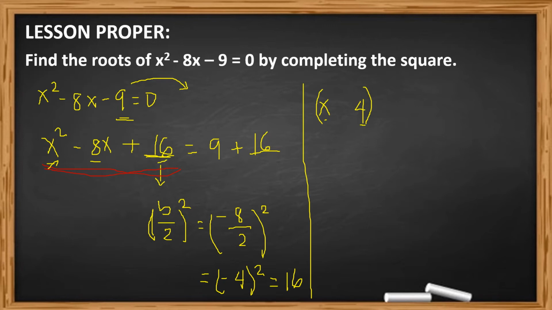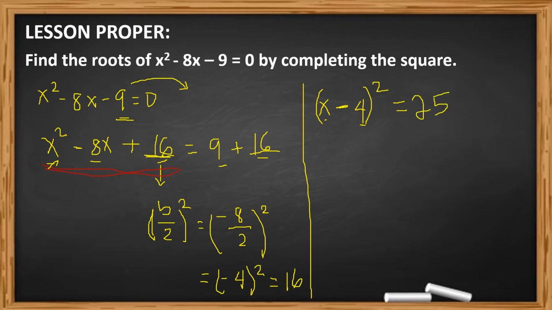And the operation at the second term of our PST, or perfect square trinomial, is negative. So just copy the negative operation or minus operation. Then squared is equal to 9 plus 16 on the right side of the equation, which is 25.